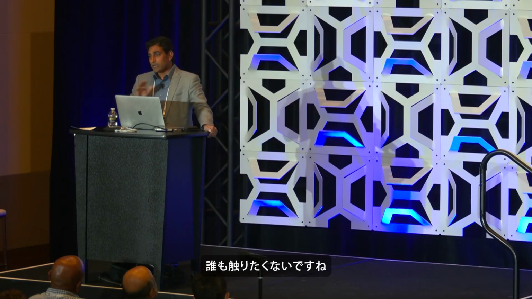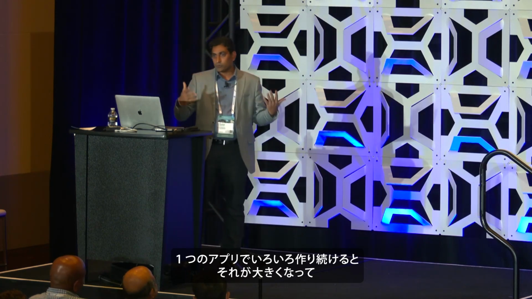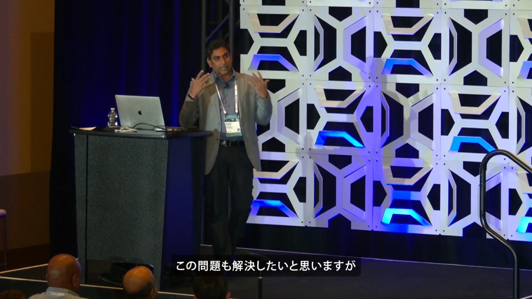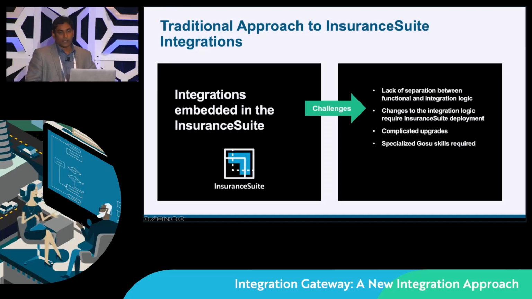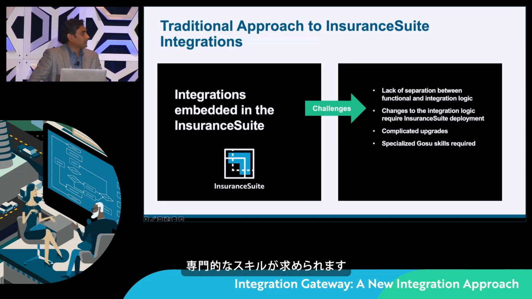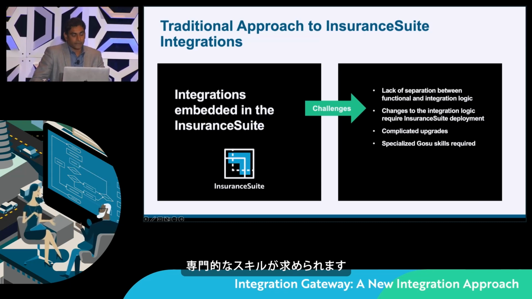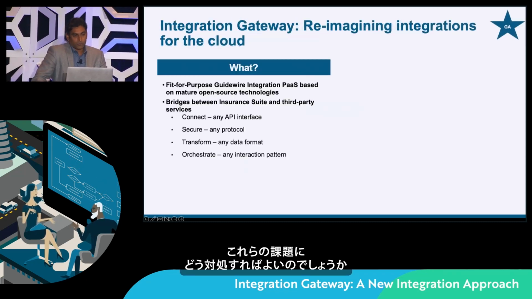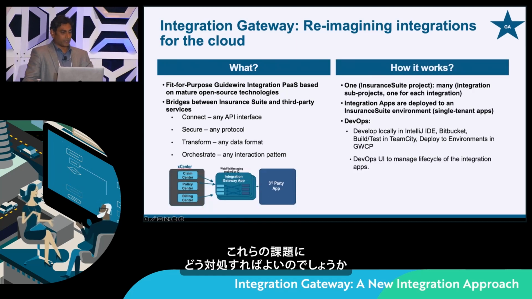He said we had 4 million lines of COBOL code, nobody wants to touch it. That is what happens. When you keep on building stuff into one app, it gets bigger and people are just scared to touch it. So, we want to fix that problem as well. And last but not least, you need specialized skills. So, how do we address these challenges?